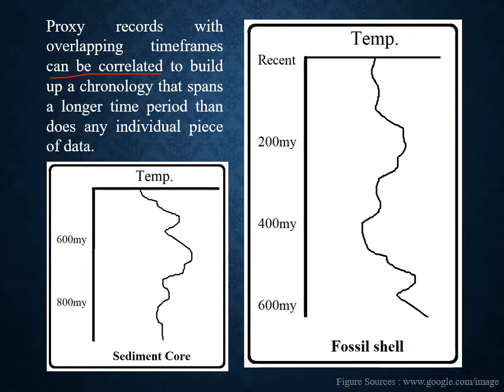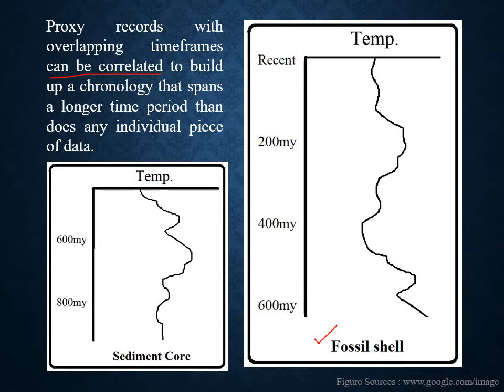Here you can see, for example, from fossil shells, as we already know that fossils or biological bodies are highly abundant in the Phanerozoic time. So from fossil shells, we can get the temperature data easily throughout the entire Phanerozoic time.